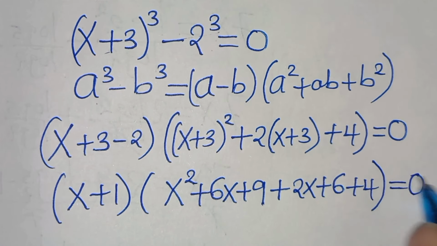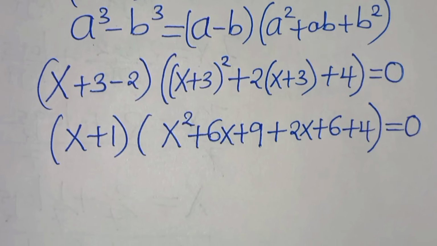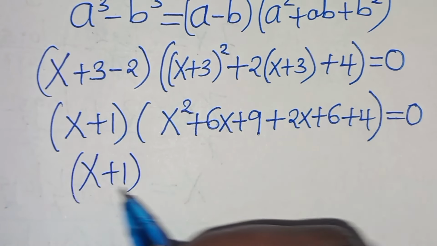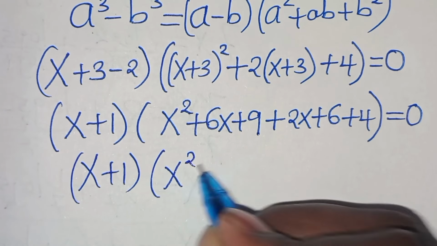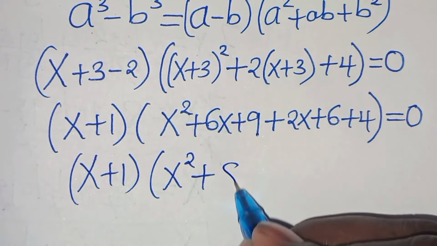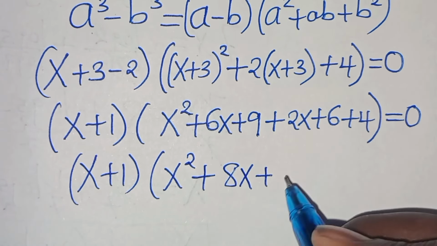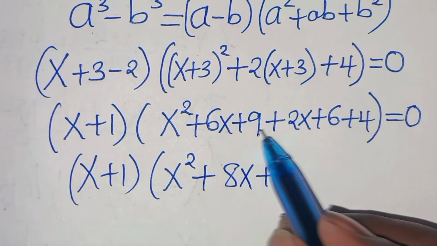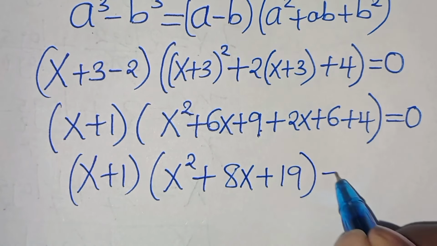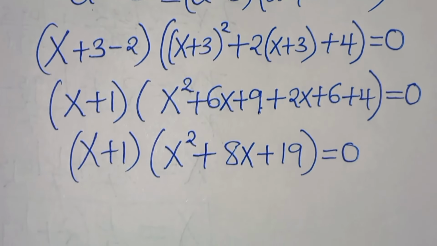This is equal to 0. So this is (x plus 1) times (x to the power of 2 plus 6x plus 2x, this is 8x, then plus 9 plus 6, this is 15, plus 4, this is 19), equal to 0.